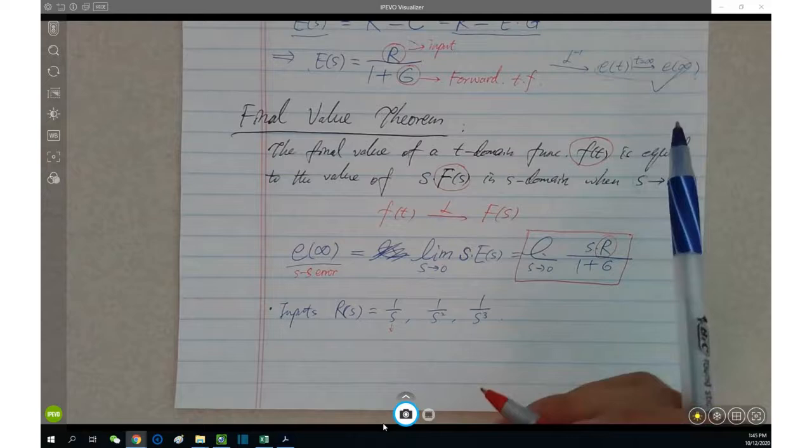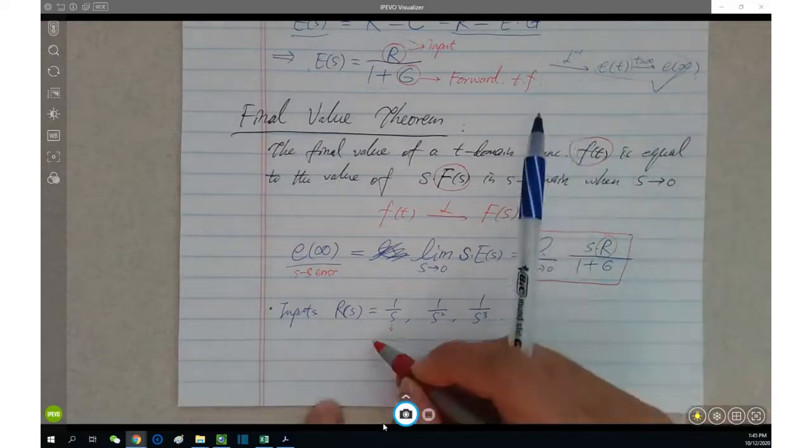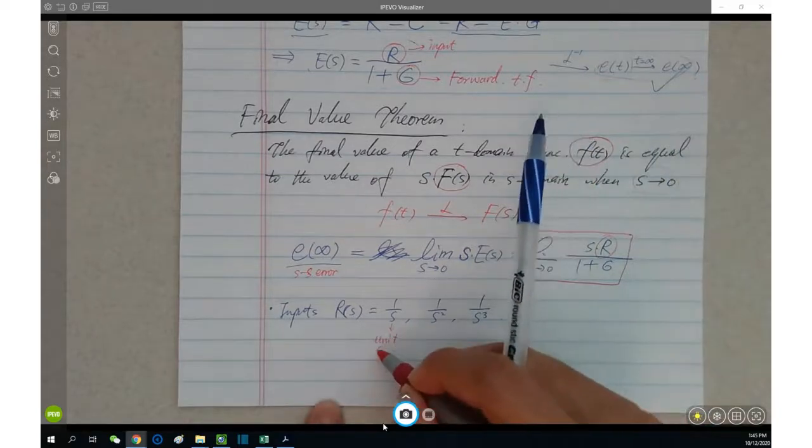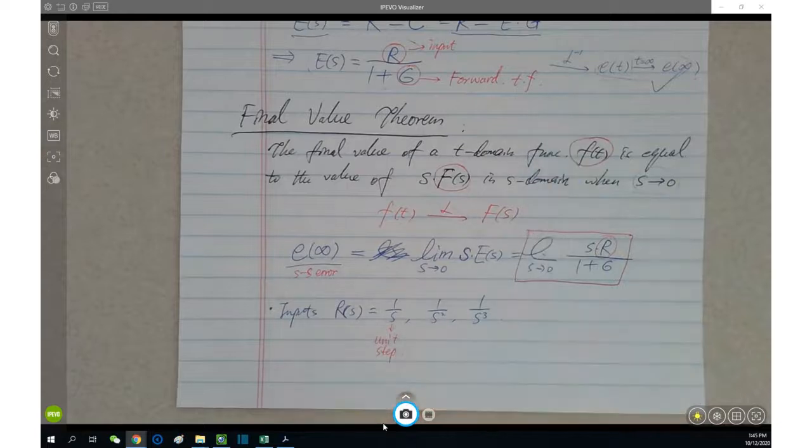Noah is right. It's not impulse. By checking the handout, you will see it. It's a unit step. By the way, why do we call it unit step? Because we're only putting 1 in the numerator. Correct. Or say the coefficient of this is 1.